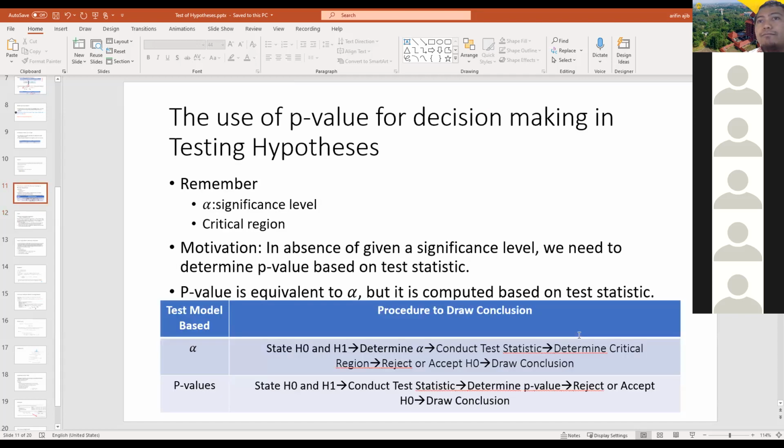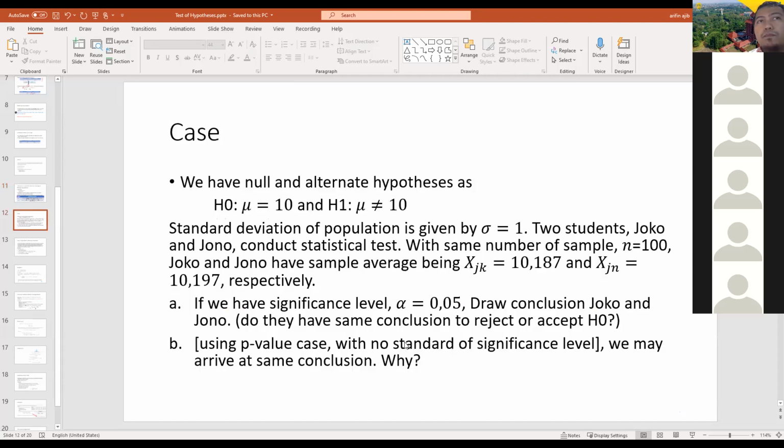So based on our result, what if we conduct two tests? Of course we get two results, right? So how to determine the p-value? For example, in the question there are two persons, Joko and Jono.